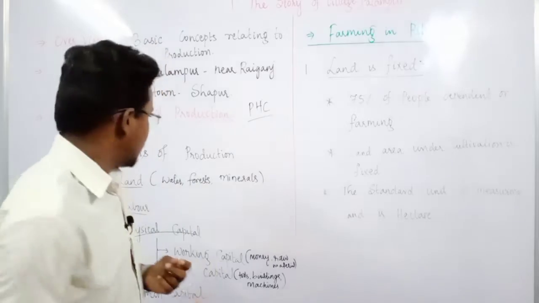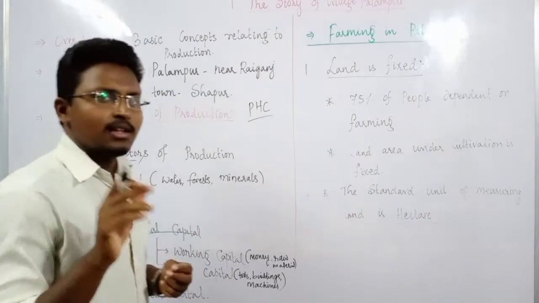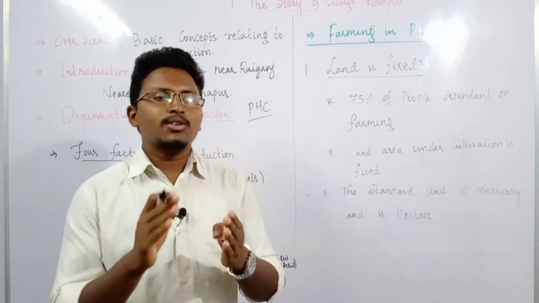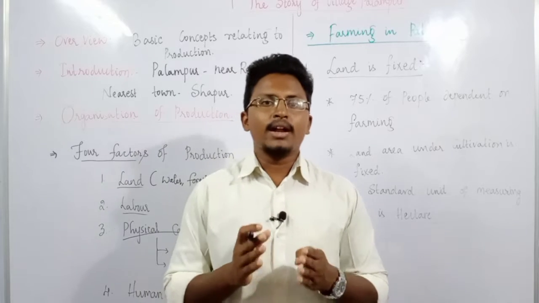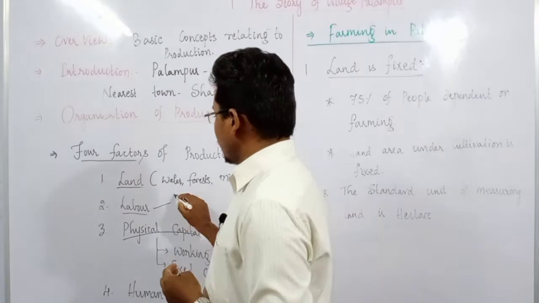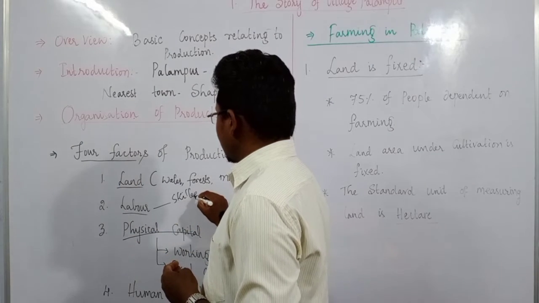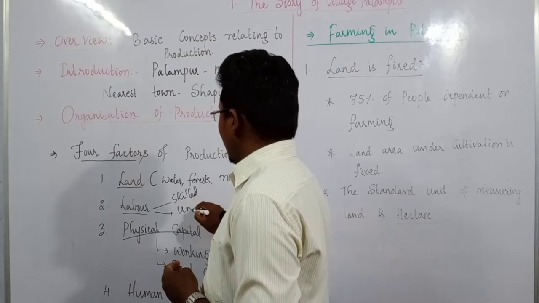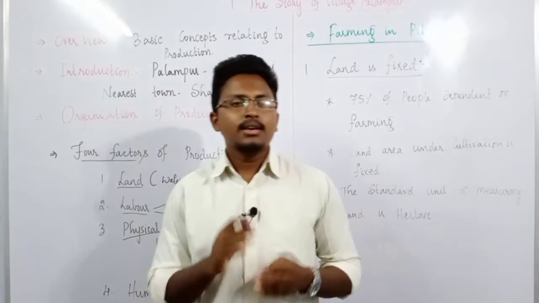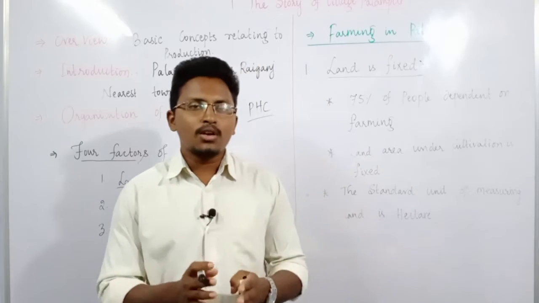Then the next one is labor. In any factory or in any manufacturing industry, you require some kind of labor. And the labor can be of 2 types. One is skilled labor, or you can say unskilled labor. What do you mean by skilled and unskilled labor? Skilled labor means those who are well educated.